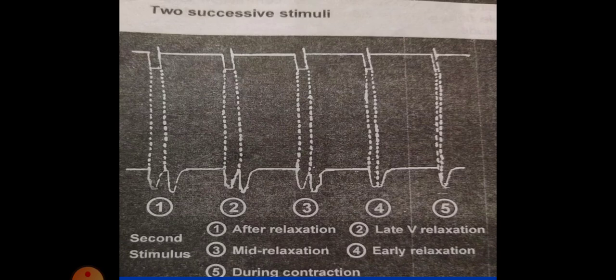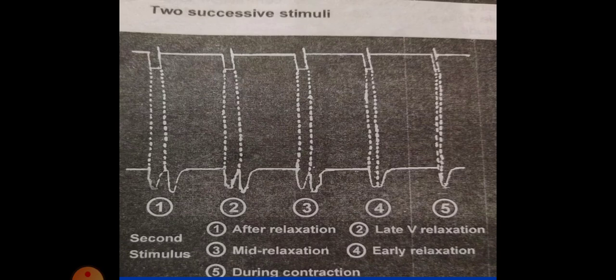Now at 1, 2, 3 and 4 we are stimulating during various phases of diastole, and at the fifth we are going to give current during systole. So first you can see the stimulus has been given after relaxation, means before contraction but after diastole.